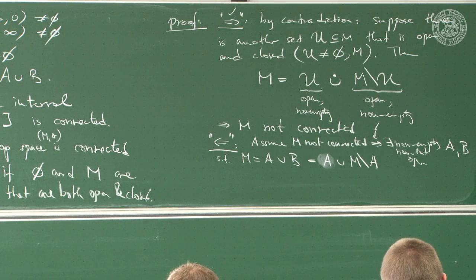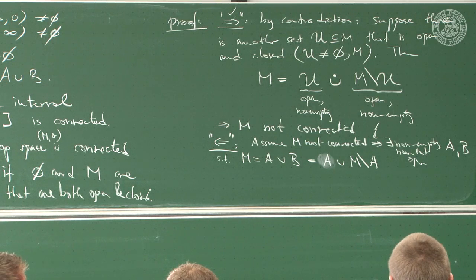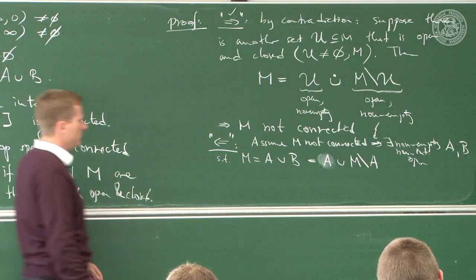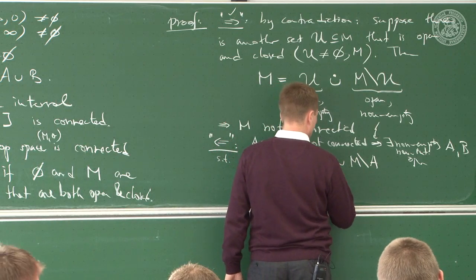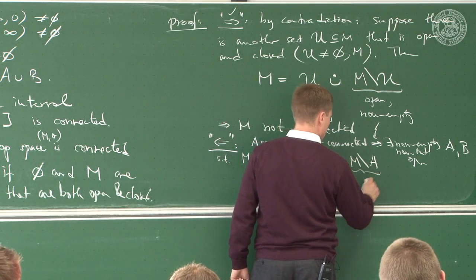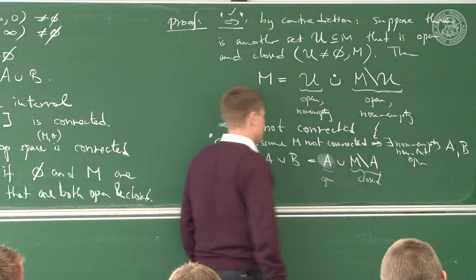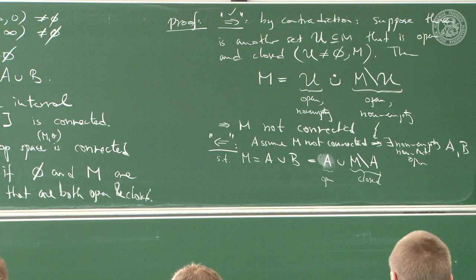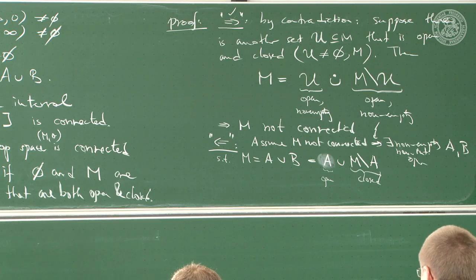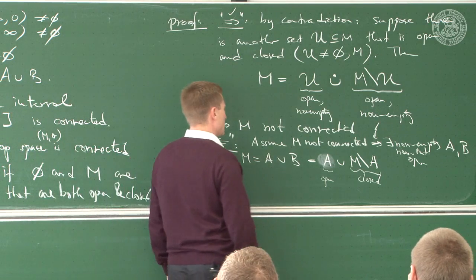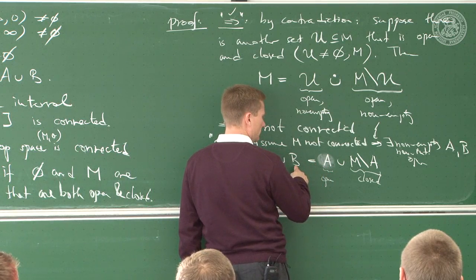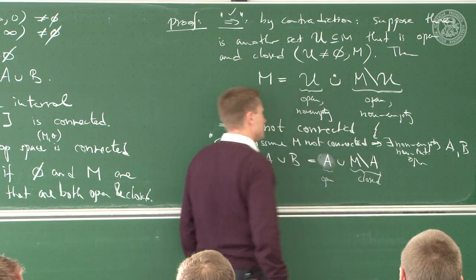So we wanted to show that there's another set. Now A is open, hence M without A is closed. Aha. But because A is non-empty and B is also non-empty, A cannot be the entire set.